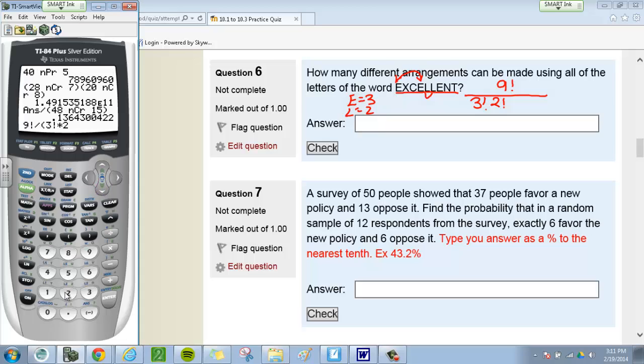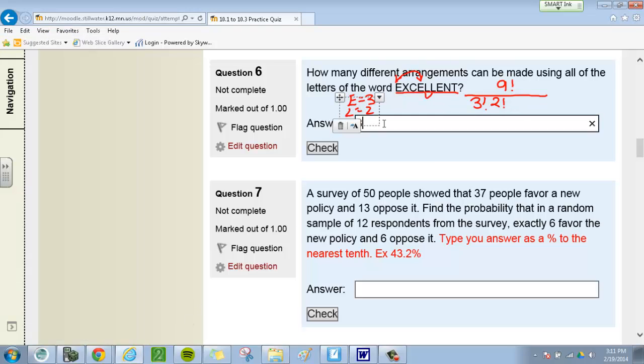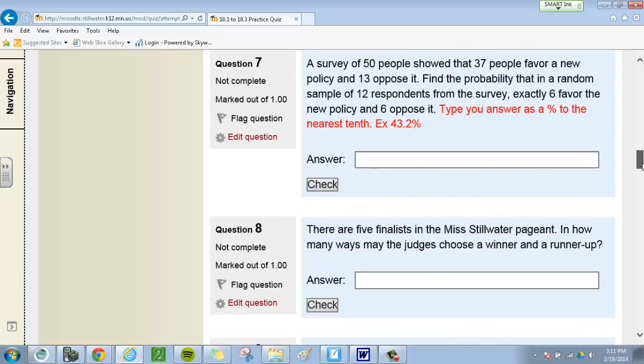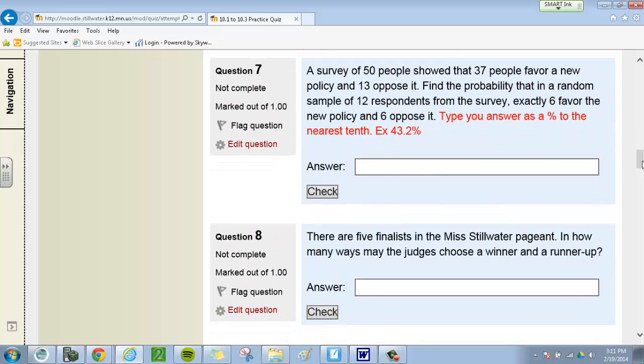And we know 2 factorial is just 2, but I'm still going to put it in there. Enter. And we get 30,240. Check that one. Yes. Moving on. Pretty good at this math stuff.